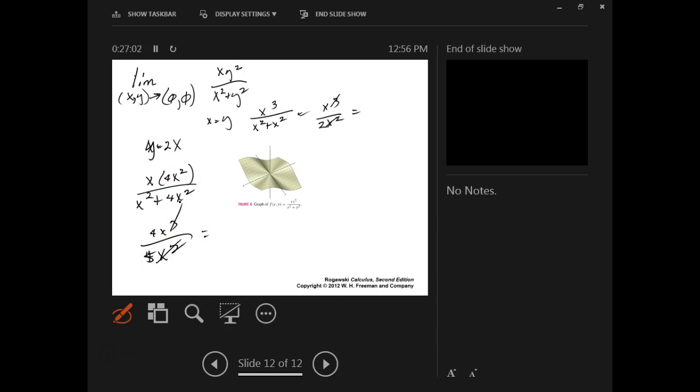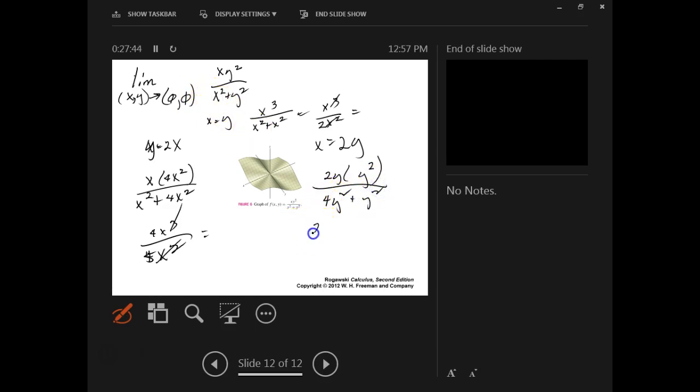But let's turn it around and do it the other way. Let x equal 2y, and then let's plug in for y's. Well, this will be 2y times y squared, and this will be 4y squared, because x equals 2y, so x squared would be that, plus y squared.